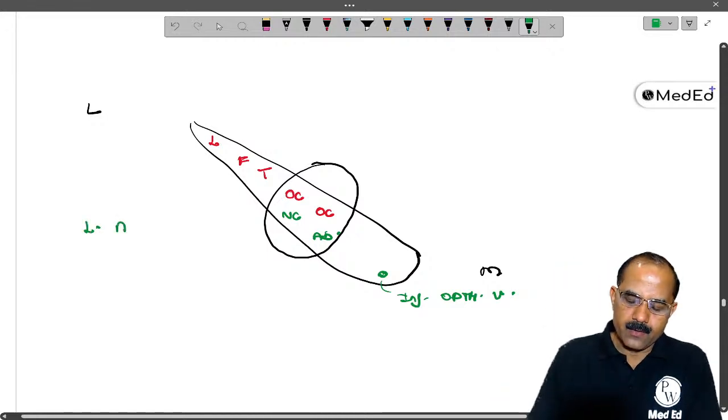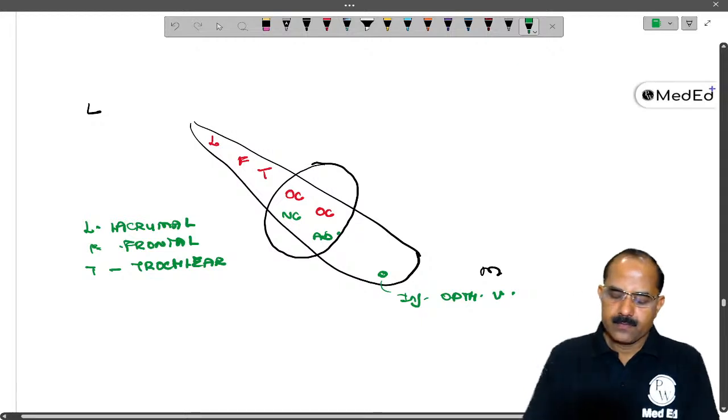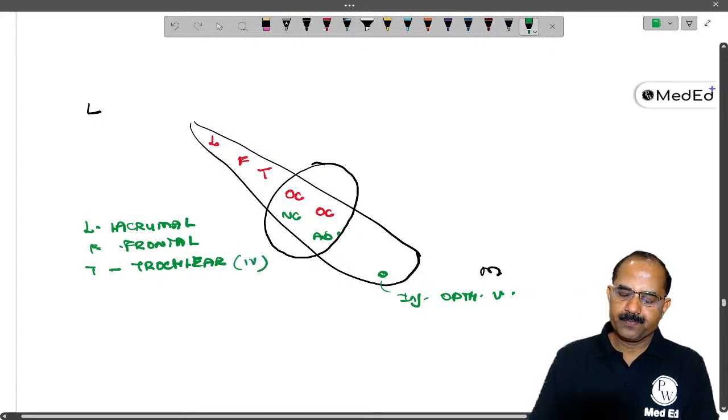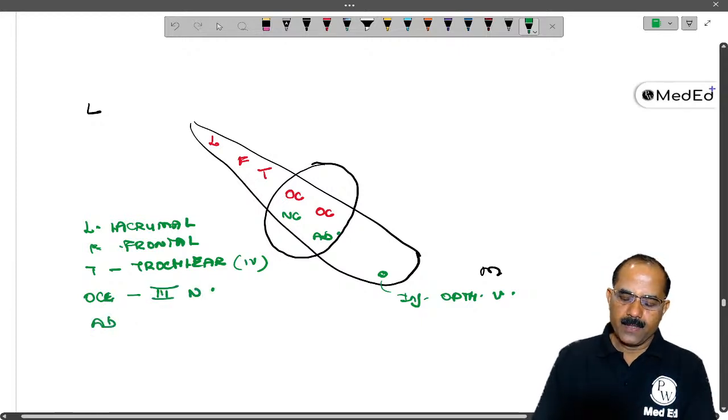Okay, so what is L? L is lacrimal, L is frontal, T is trochlear nerve. These are all nerves. Trochlear is number four. OC is the third nerve, oculomotor nerve. AB is the sixth nerve.